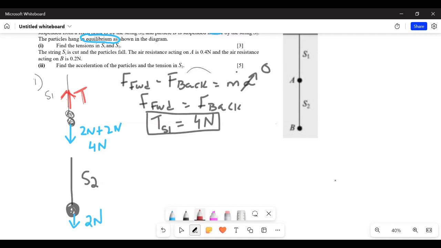And upward force is going to be the tension. So this time tension minus 2 newtons equals ma. a is 0. So tension equals 2 newtons.